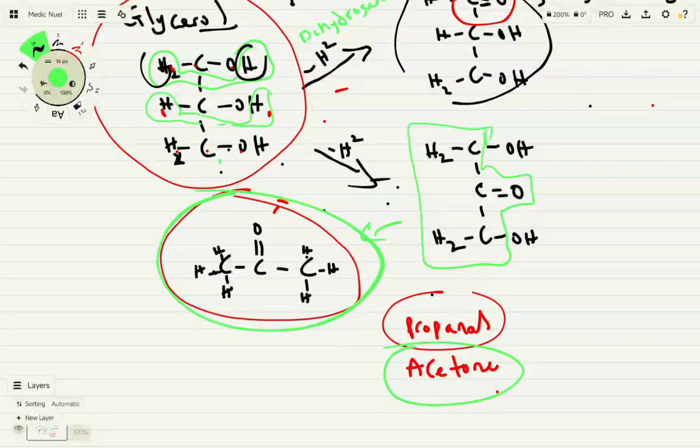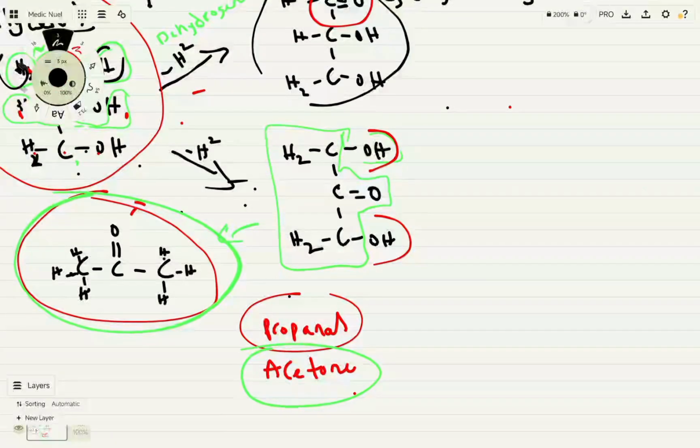So if we have acetone here and we have 2 OH attached to acetone, what are we going to name it? We are basically going to give it a name that looks like it.